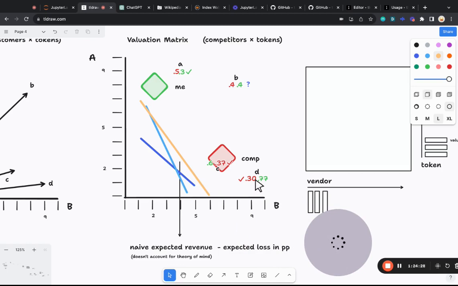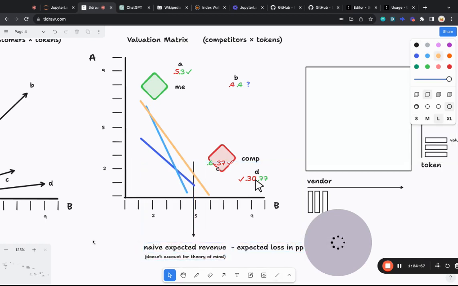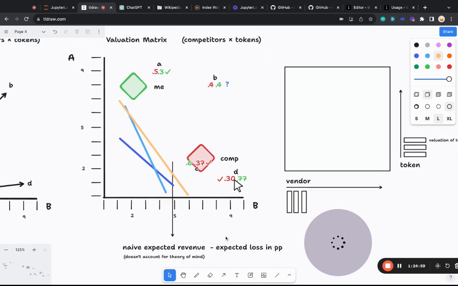I can't tell if that's a problem, but it arises from the fact that in every turn, if there's just two competitors, then competitor A is going to move to be closer to the... oh, by the way, this is in the wrong place. Should be outside of this, right?